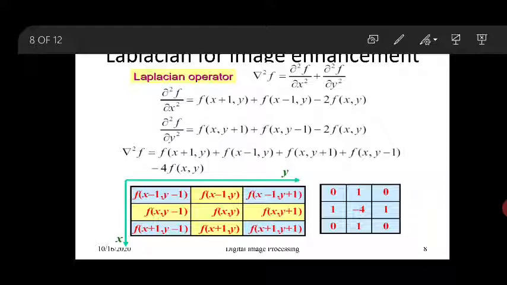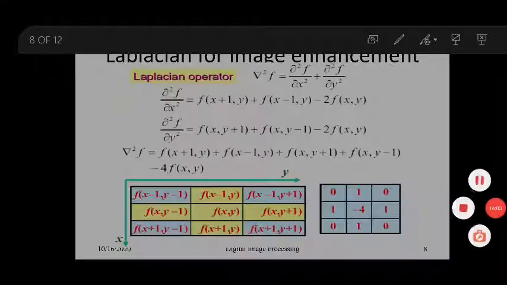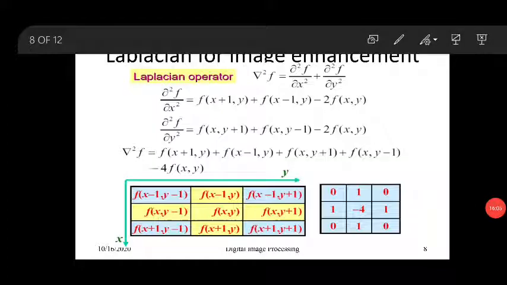The second order derivative dou square f divided by dou x square is along the x axis. That is what we consider along the x axis, that is x plus 1, y, along the x axis this way.